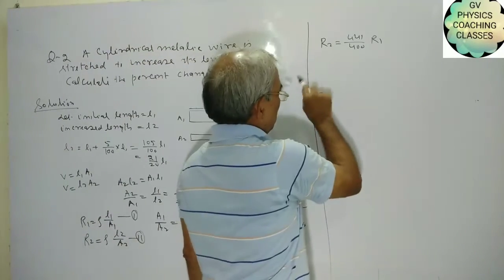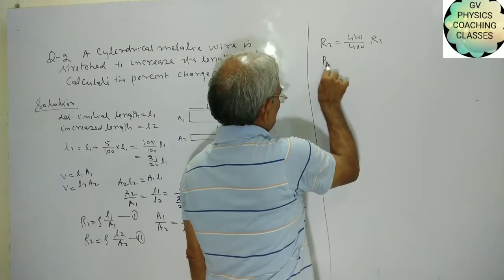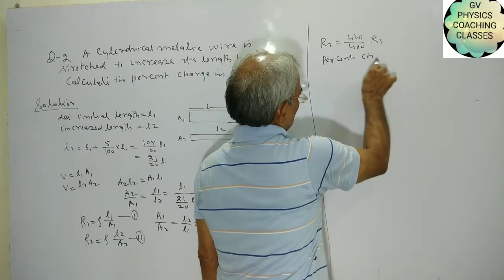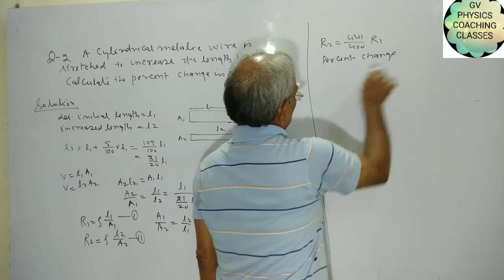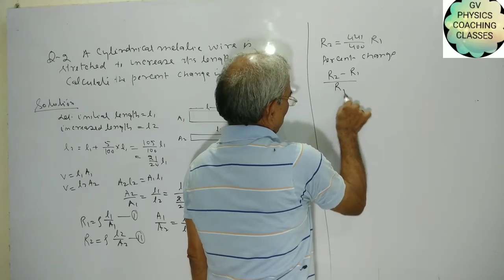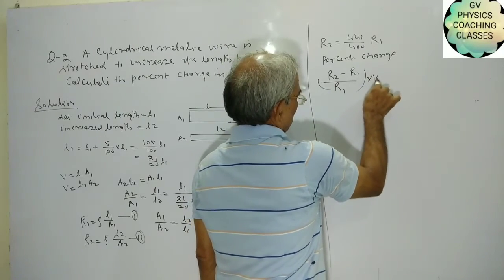Percent change: R2 minus R1 upon R1 into 100.